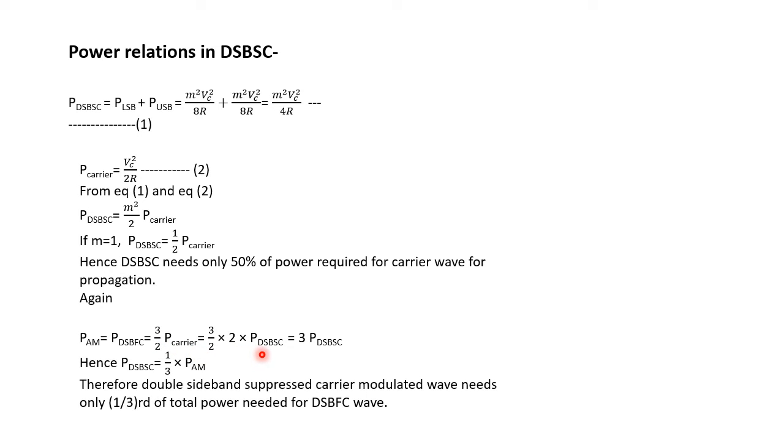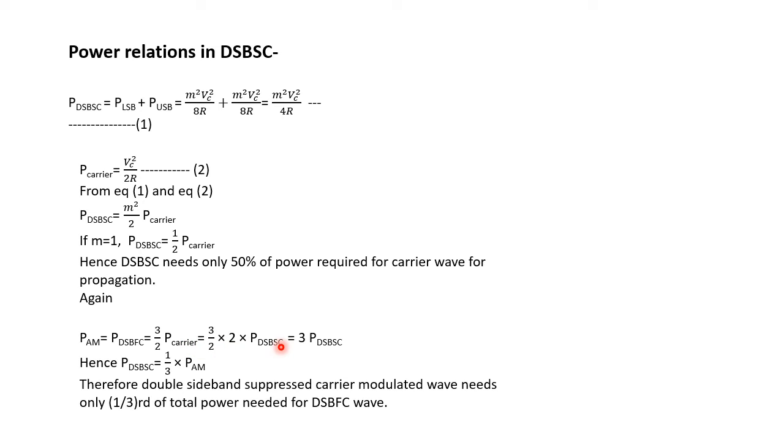After rearrangement from the earlier equations, we can get the equation for P DSBFC is equal to 3/2 multiplied by 2 times the power needed for DSBSC. This we have achieved by making use of the earlier equations.